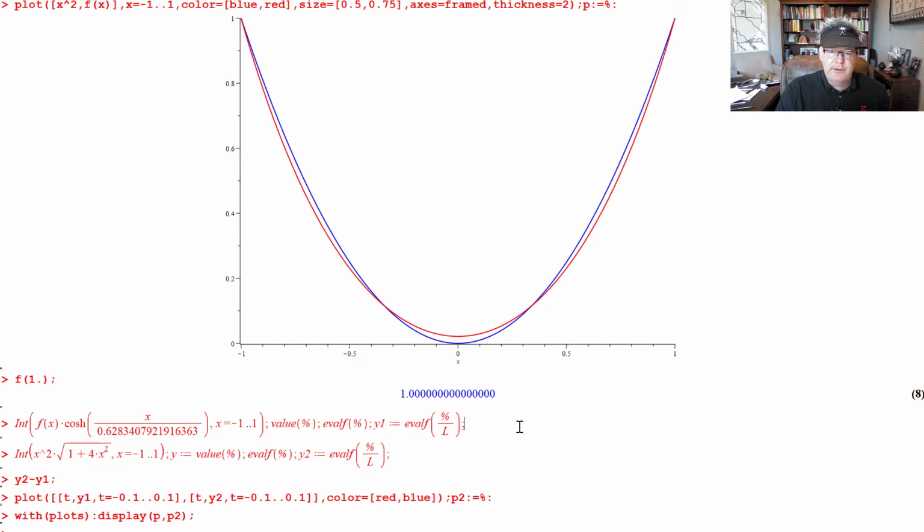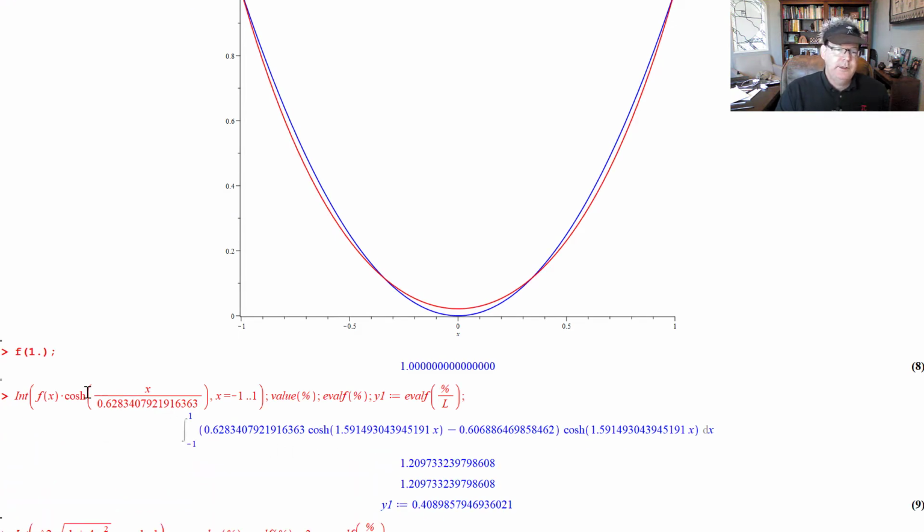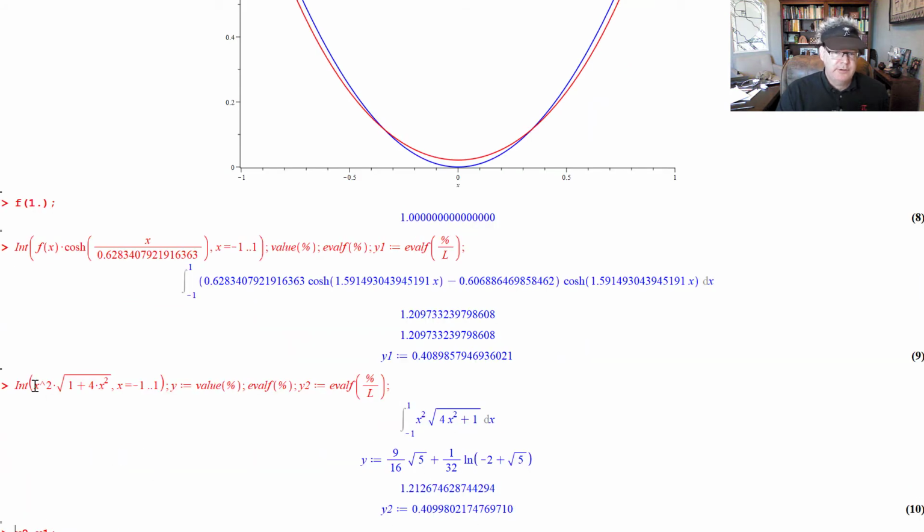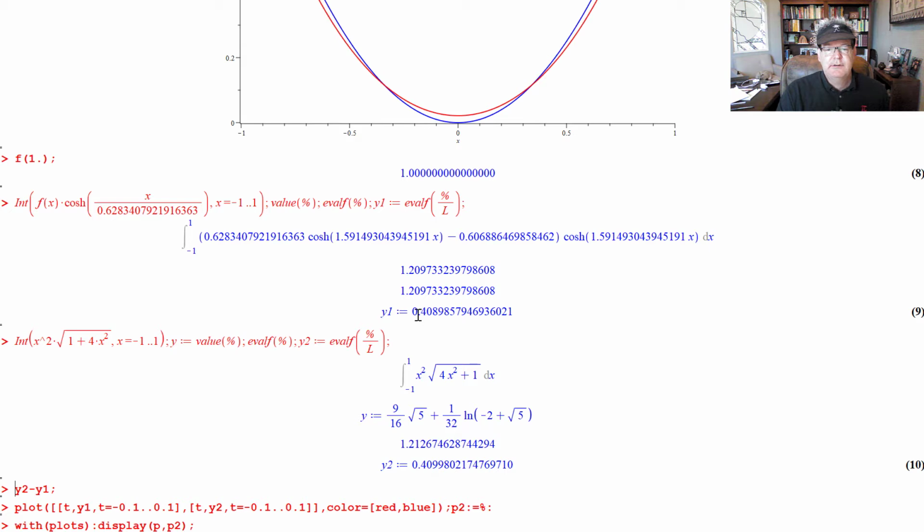And now for the center of mass, you integrate the function times the ds, which will just be this. The center of mass for the parabola, the function times its ds will be this. So there's the two y values for the center of mass, and the one for the parabola is a little higher, 0.40, I mean almost 9, but this is almost 0.41.